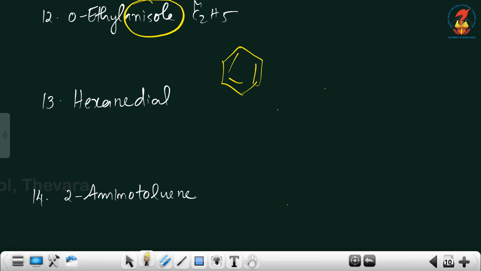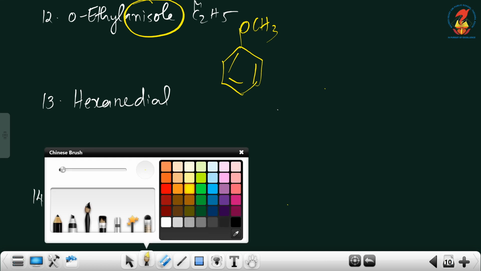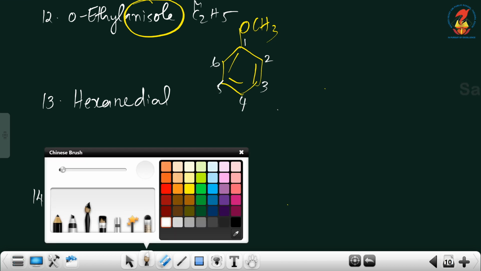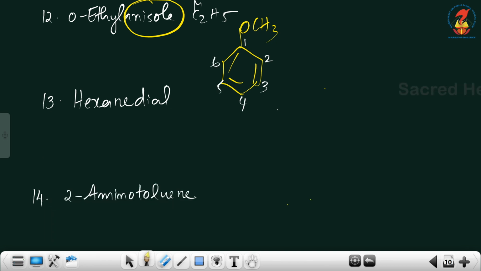Anisole is a benzene ring containing a methoxy group, methoxybenzene. Give continuous numbers starting from here, 1, 2, 3, 4, 5, 6. Ortho-ethyl means at the ortho position, the adjacent position, we have one ethyl group.